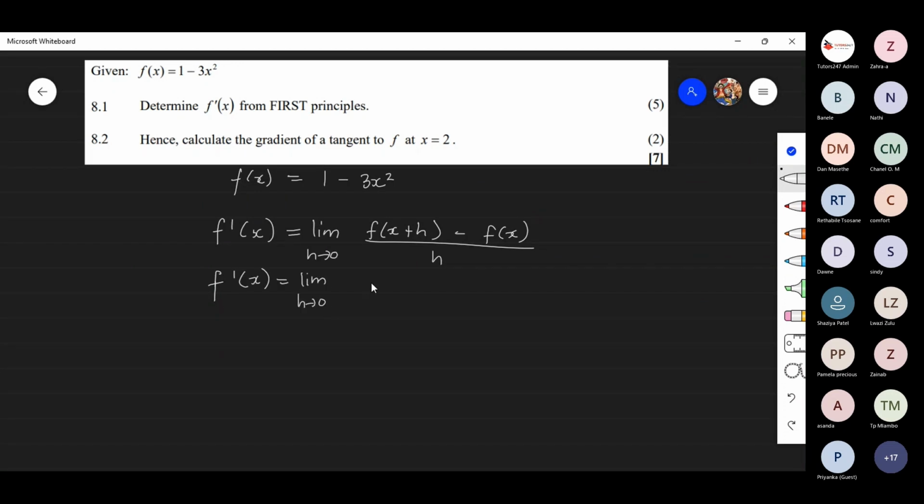Same thing as before, I'm going to rewrite it, and in place of x, I'm going to put x plus h, minus f of x is given as 1 minus 3x squared, and that is all over h.